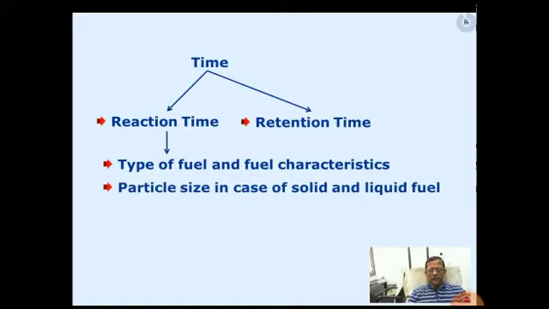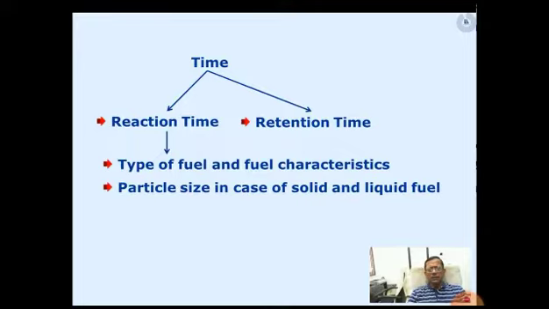See, a larger particle size of fuel would naturally take more time for combustion as compared to a smaller particle size of fuel, in case of solid as well as liquid. So in liquid fuel, say, if the atomization is not proper, a large particle size of the liquid fuel would take more time to burn, right? That's why the flame size, the flame length, may increase in case of improper atomization.